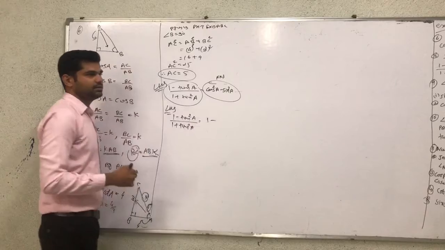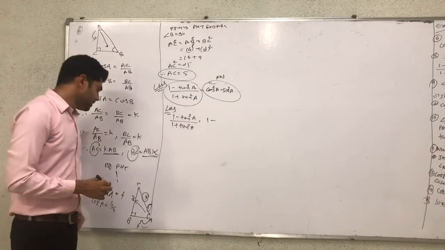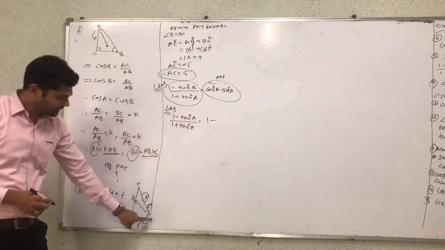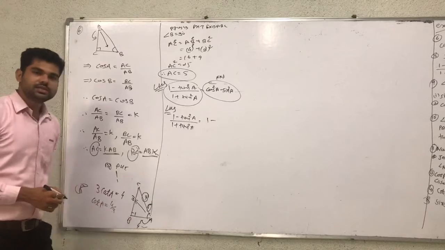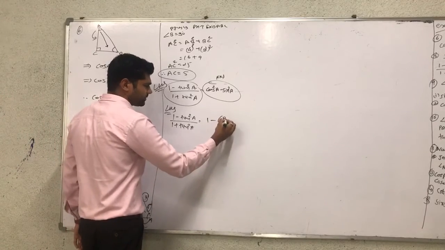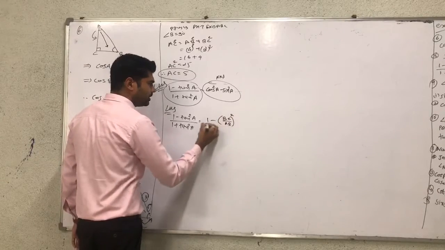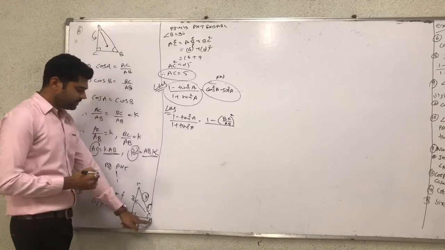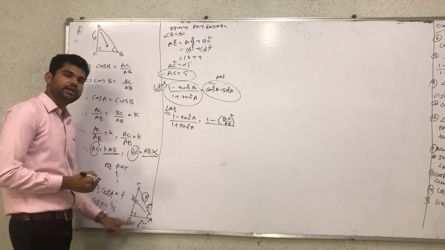Tan means opposite side upon adjacent side. The opposite side of angle A is BC, divided by the adjacent side AB. Therefore 1 minus BC divided by AB whole square. In a similar way, 1 plus the same value of tan A, BC divided by AB whole square.